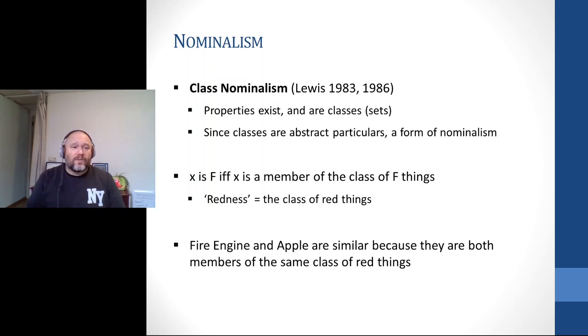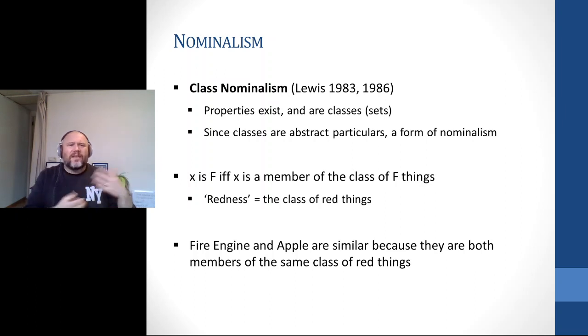And then, of course, we can talk about the property, so something like redness, or humanity, or virtue. Right? And what are those going to be? Well, they're just going to be classes. They're going to be sets. So when we talk about redness, what we really mean is it's a class of red things, the set of red things.